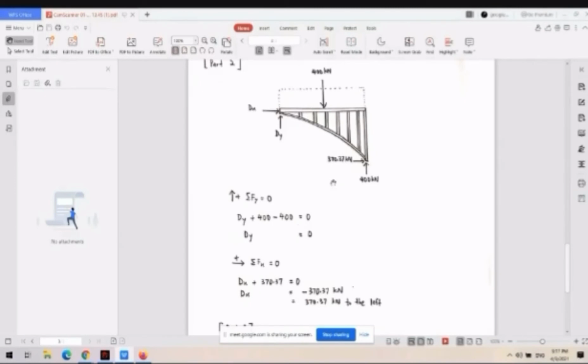Then for part 2, after applying the equations of equilibrium, we found out that Dy equals 0 and Dx equals negative 370.37 kilonewton, which is 370.37 kilonewton to the left, opposite to the direction we assume in the free body diagram.